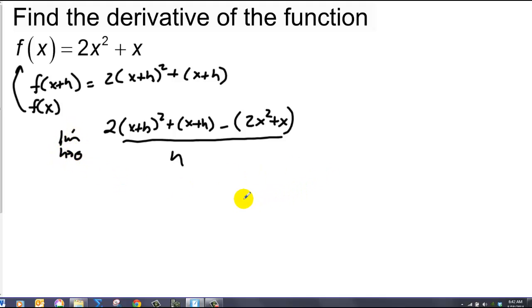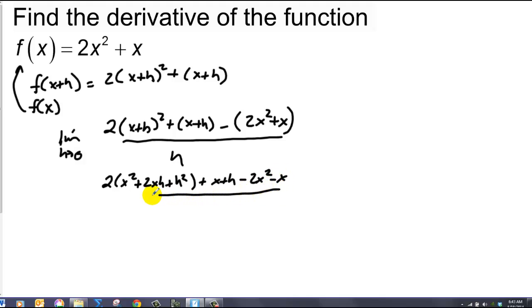This is going to require some simplification. I have 2 times x squared plus 2xh plus h squared plus x plus h minus 2x squared minus x over h as h goes to 0. Clean it up even more.